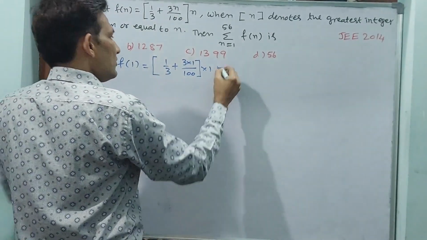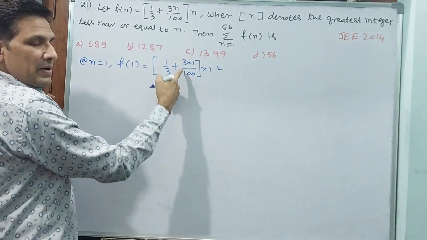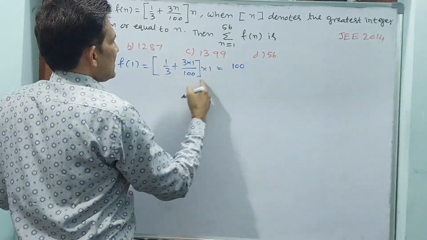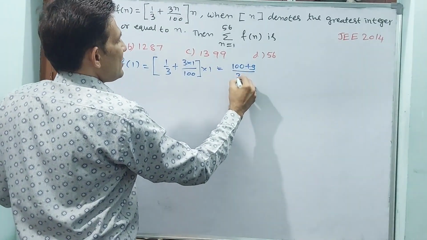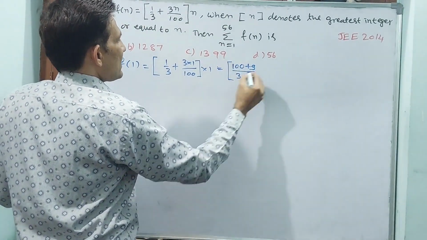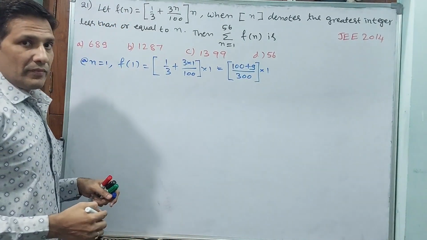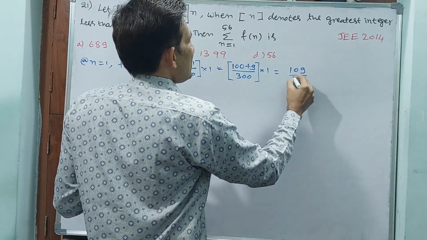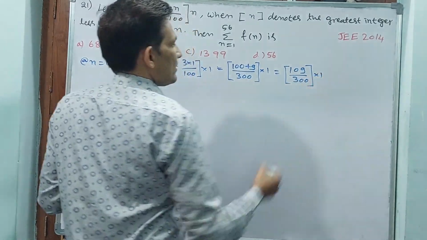That is equal to, 3 into 1 means 3 by 100, so 100 plus 9 by 300, greatest integer, into 1. That is equal to 109 by 300, greatest integer, into 1.